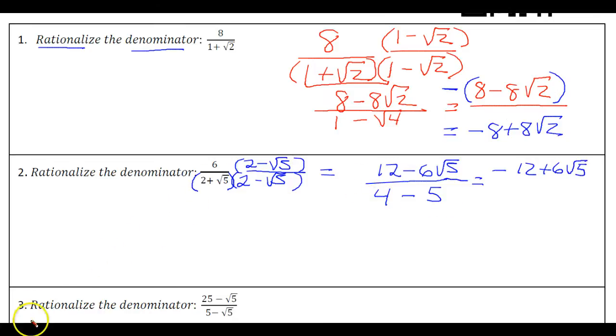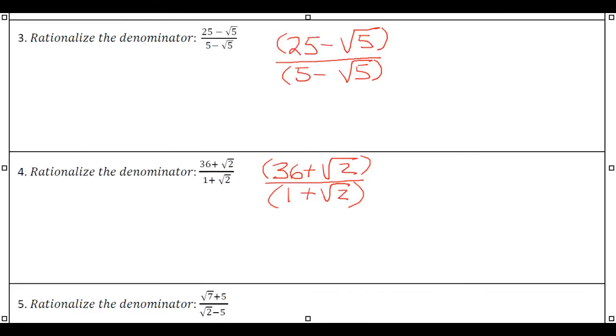rationalized this denominator. So as we do these next two, we should give you time, of course, to work on this. What would be the rational conjugates for these?